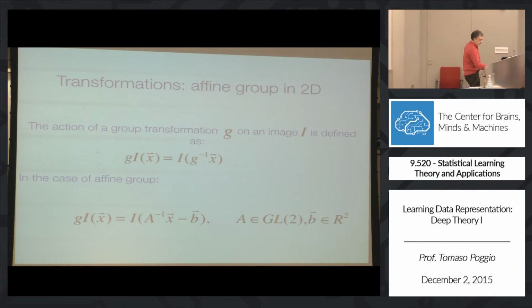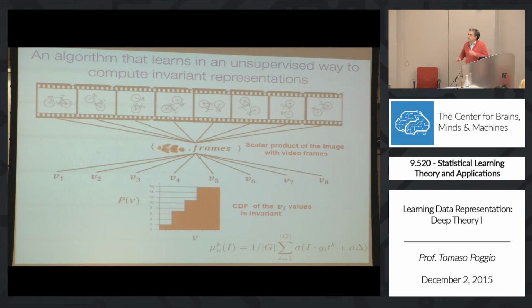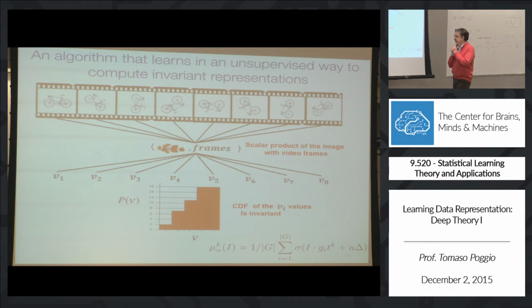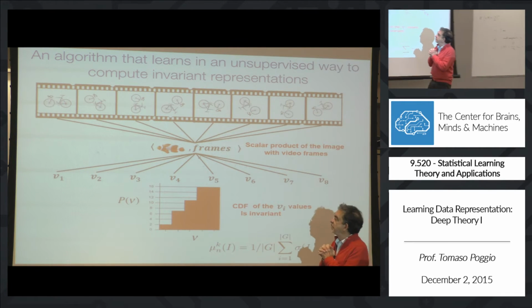Now, the algorithm itself does not need to know anything about groups, but in order to prove properties of it, we need to know about groups. That's why I introduced the groups. So the algorithm is quite simple. Let me describe it.